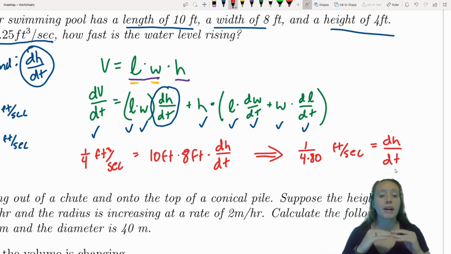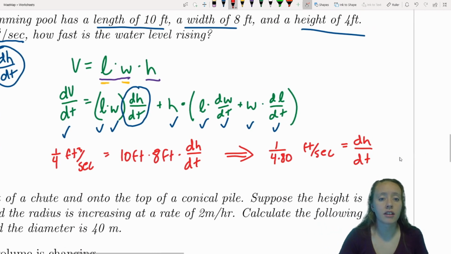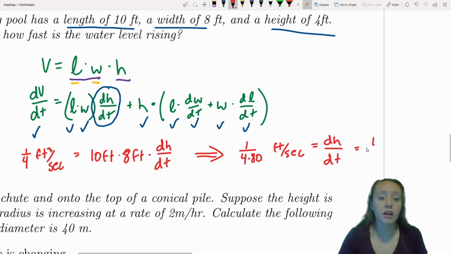And it makes sense that my height is a length per time for that rate of change, feet per second. So 1/4 times 1/80, simplifying this down, is 1/320 feet per second.